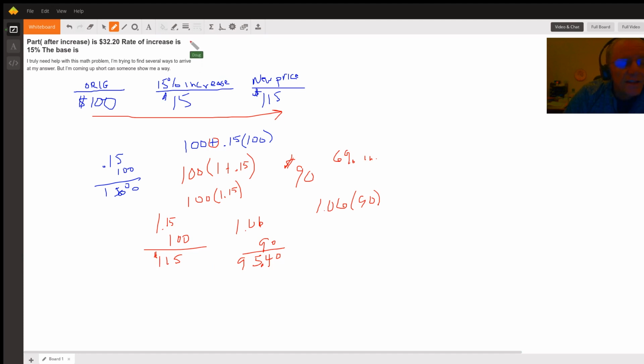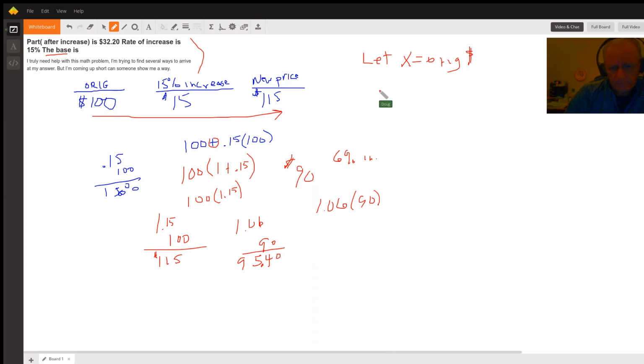Okay, so finally now let's look at this problem. We have been requested to find, I assume, the base price or the original price of this part. That's what we don't know. Let X equal the original price in dollars. Now, how do we increase that by 15%?